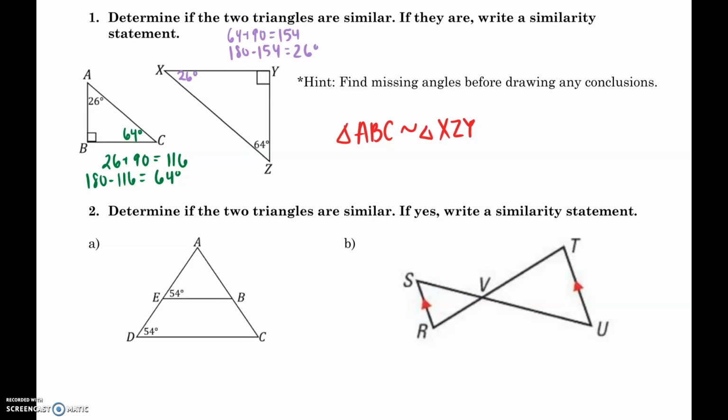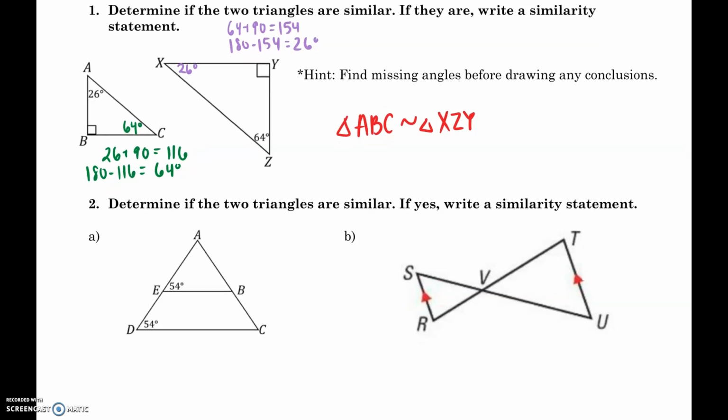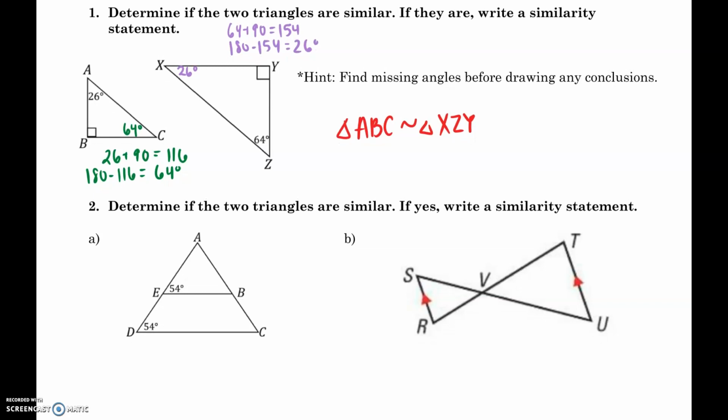So here, looking at part A, we're given that angle D is congruent to angle AEB, both 54 degrees. Now we also know that angle A appears in both triangles.